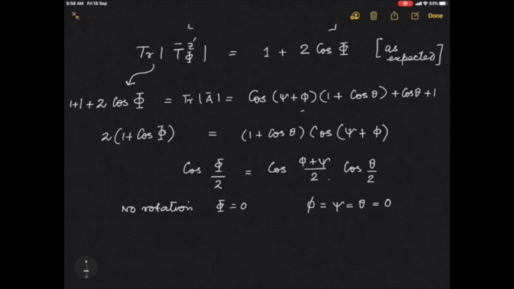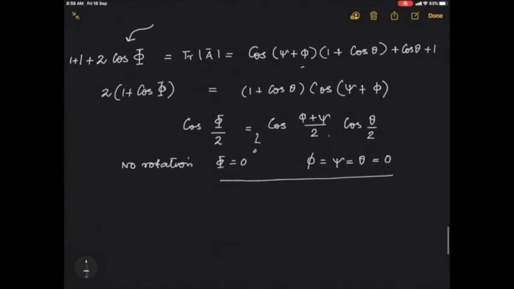And if all these are 0, then the right hand side is also 1. If I would have chosen the minus sign here, because what you get is a square of the left hand side equal to the square of the right hand side, I could have chosen a minus sign on the right hand side or the left hand side. But if I would have chosen a minus sign, the left hand side will become negative 1, but the right hand side will have minus 1 times minus 1, it will be plus 1. So this condition will not give the left hand side equals right hand side. So we chose the positive sign.